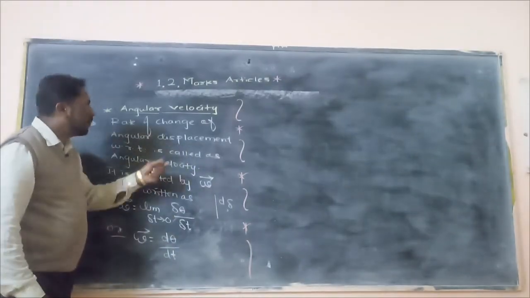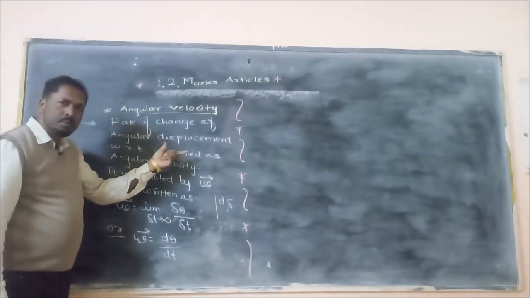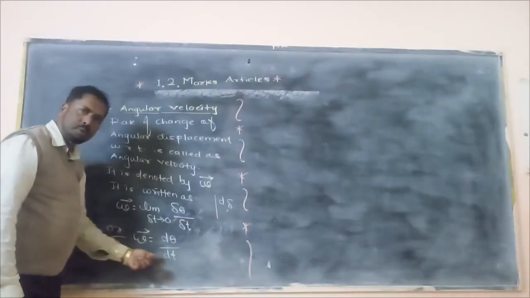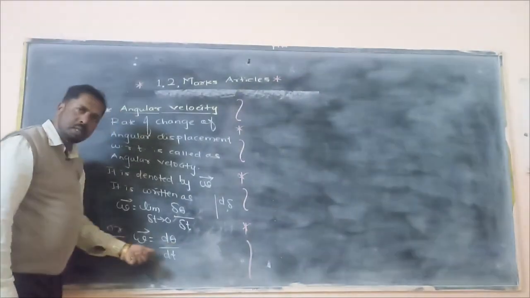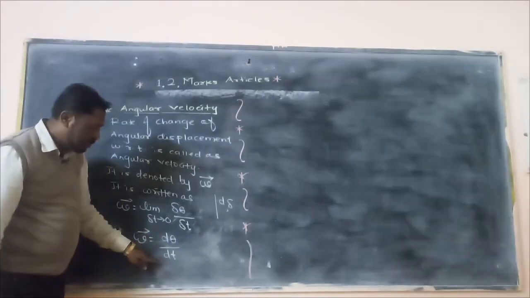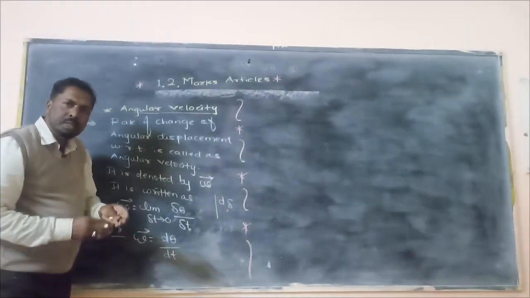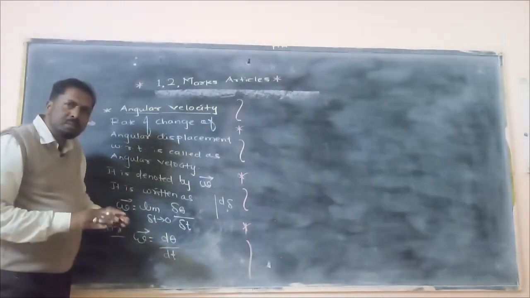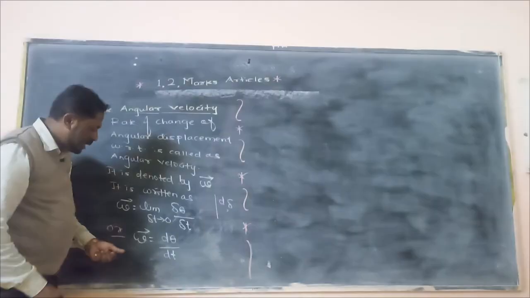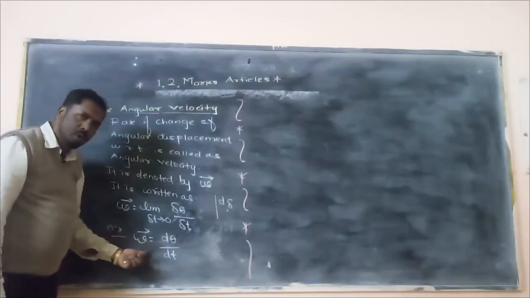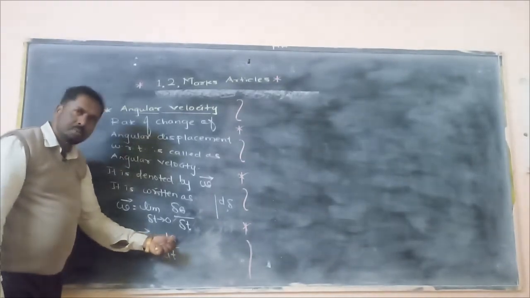Theta. What is theta? It is the angular displacement. So what we can say, angular velocity is nothing but the ratio of change in angular displacement with respect to change in time. जैसे जैसे समय change होता जाएगा, angular displacement it also goes to changes. That's why it is said that angular velocity is nothing but the ratio of change in angular displacement with respect to time.